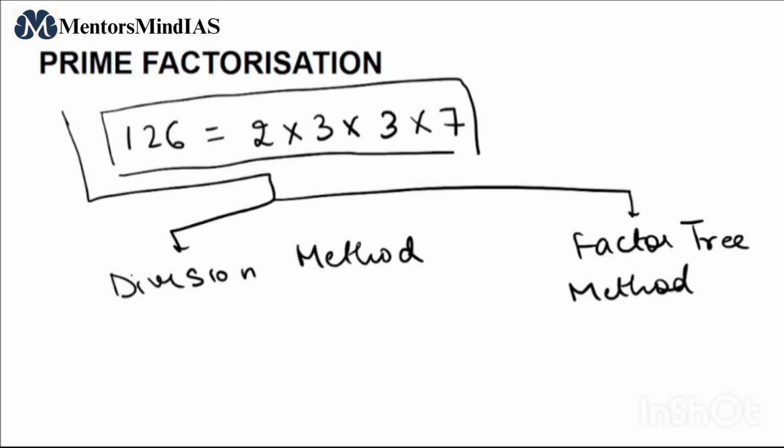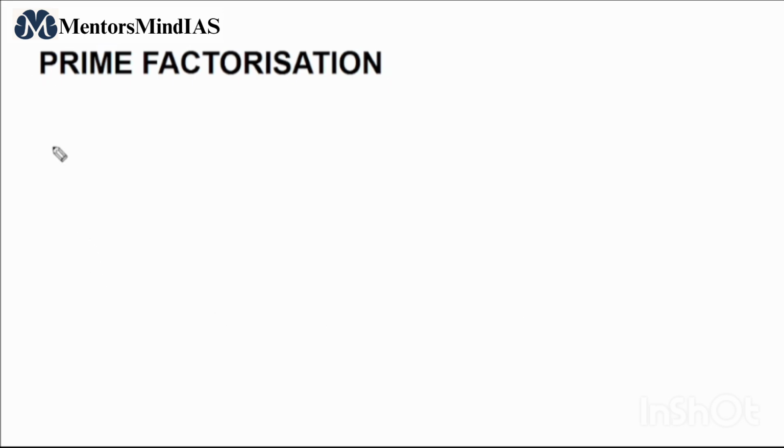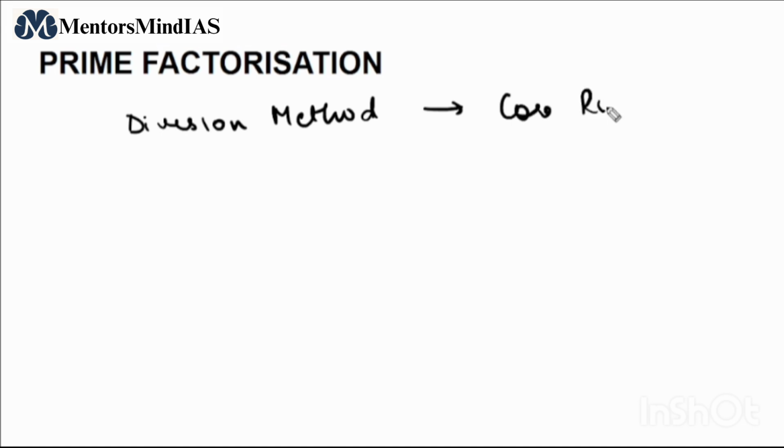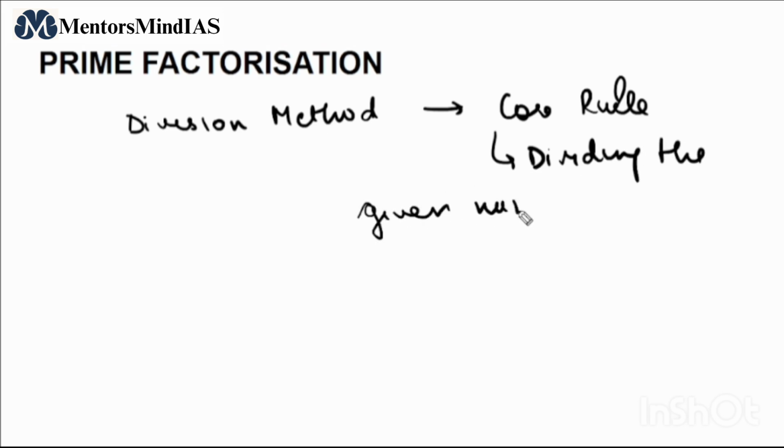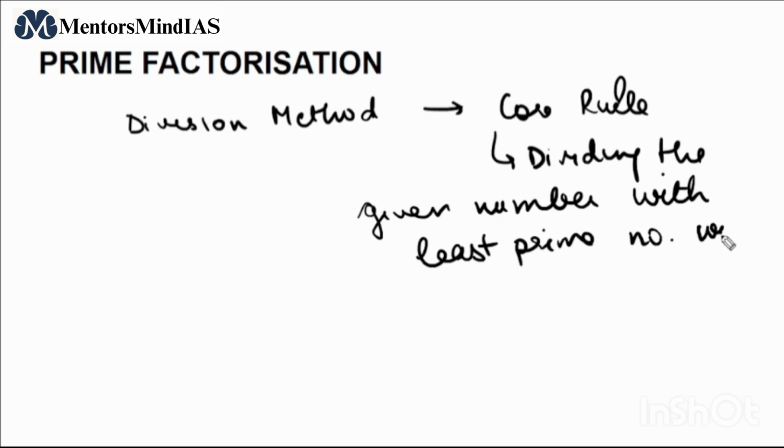So first I will be discussing the division method. In the division method, the core rule you can say is dividing the given number with the least prime number with which it can be divided.